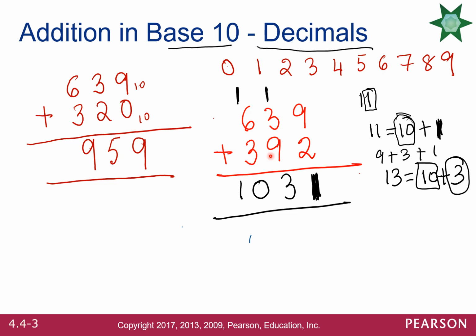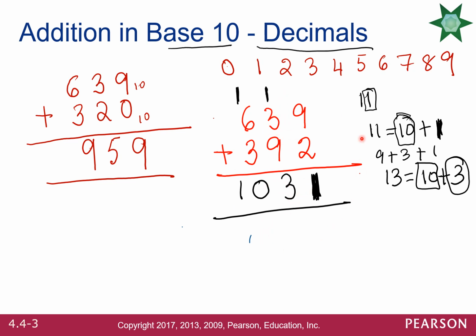And then if the sum of the values in the next place is also over 9, then we have to carry over a bundle of 10 to the next leftmost place, and write the rightmost digit over here below. 3 plus 9, that's what we did.